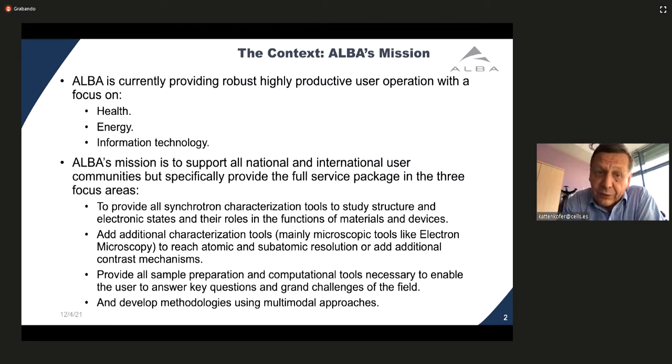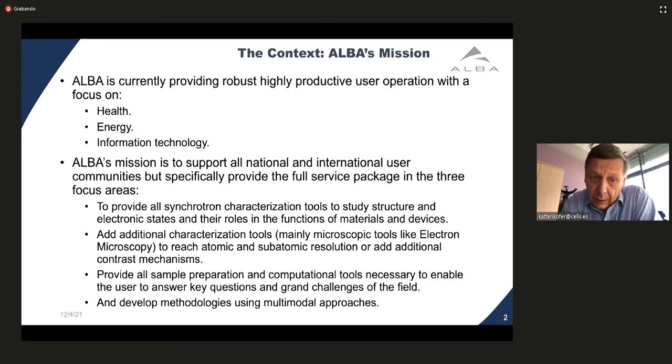So that's one thing. The other thing is that we try to have additional characterization tools to push into atomic and subatomic resolution. And here, obviously, the usual suspects like TEM and also STM.